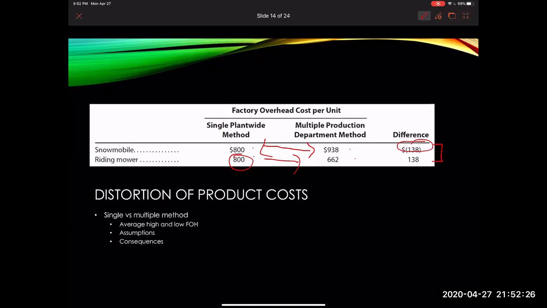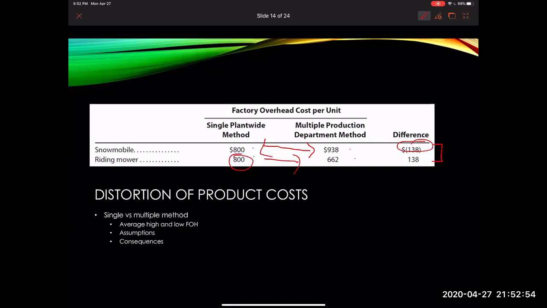The reason for the cost distortion is that it's caused by averaging the differences between the high factory overhead costs in one department, such as the fabrication department, and the low factory overhead costs in the assembly department. So remember, the snowmobile spent a lot more time in the fabrication department, and the riding mower spent less time.